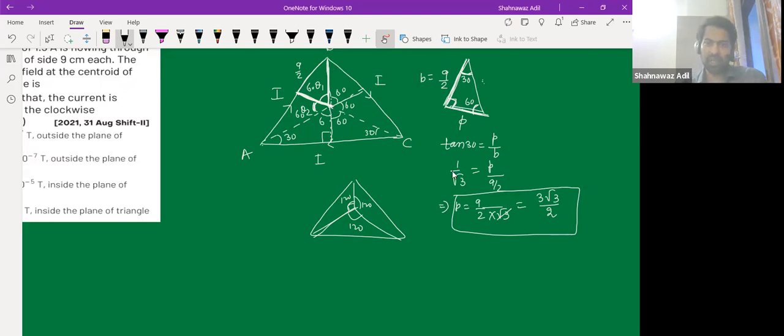For BC, what is the direction? Again inwards. And for CA? Inwards. So all these three will add up, right?